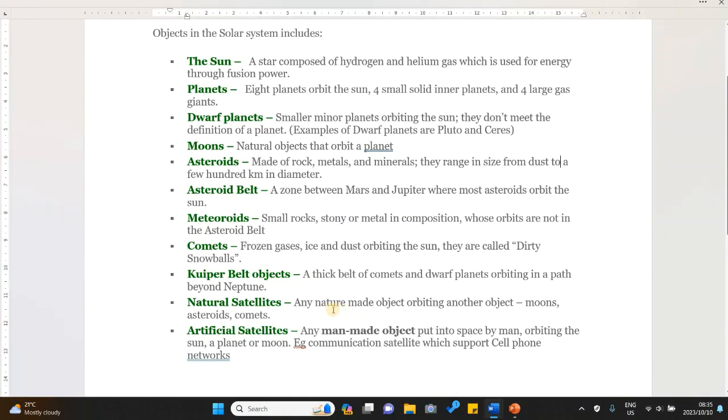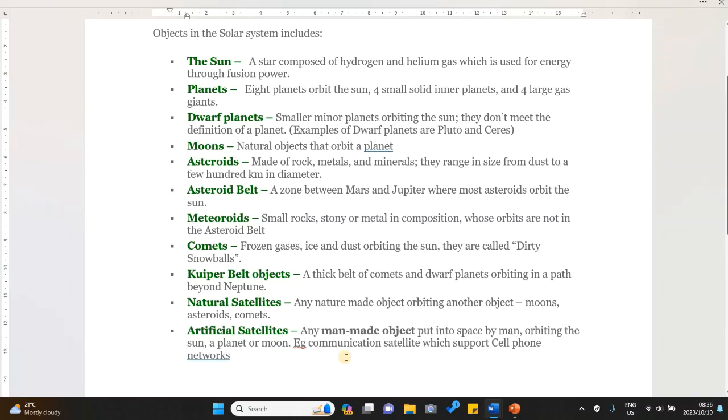Then just quickly, natural satellites. Natural satellites are objects orbiting another object. For instance, a moon is a natural satellite, also asteroids and comets which orbit around the sun, whereas artificial satellites are man-made objects which are put in space by man, orbiting the sun and other objects like, for instance, planets.